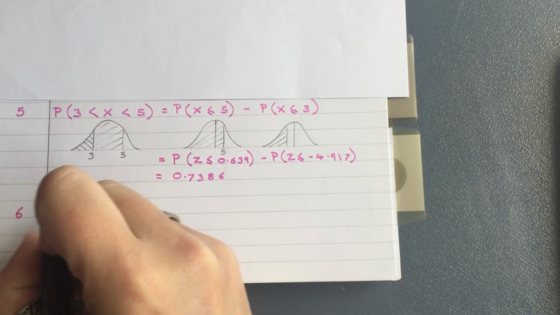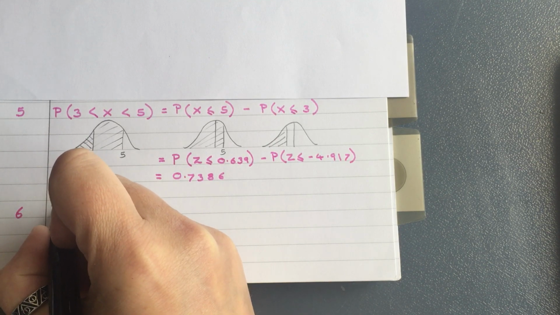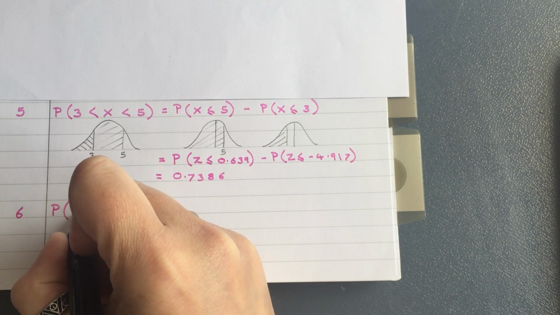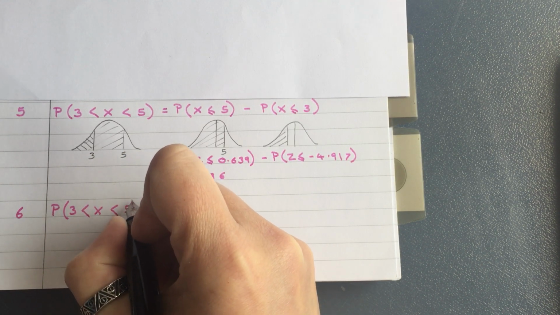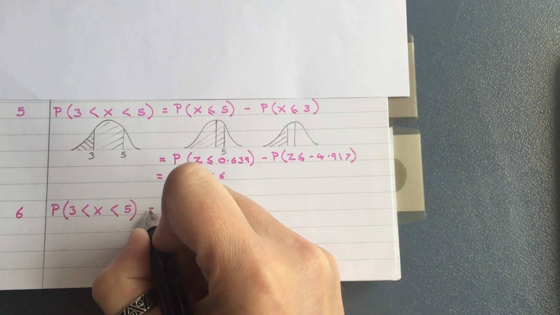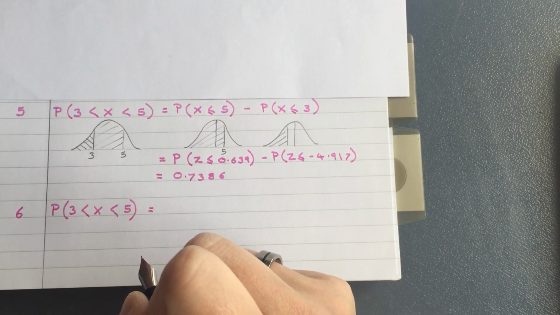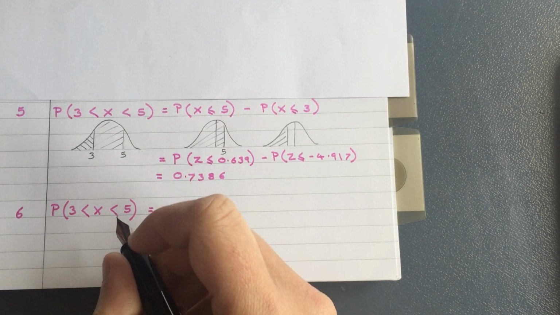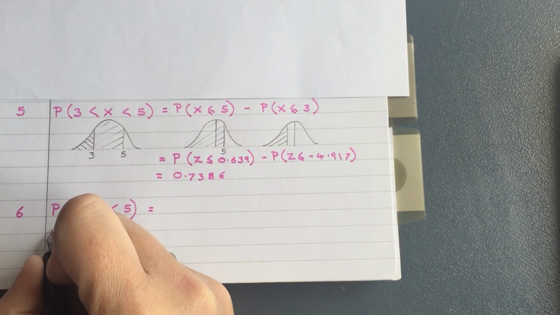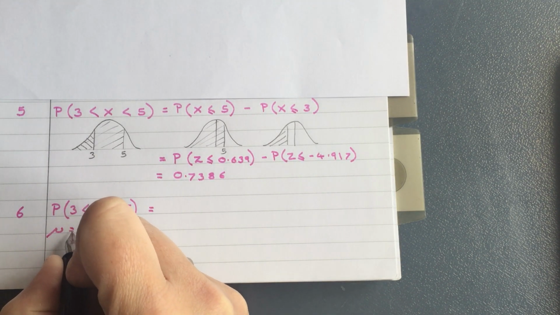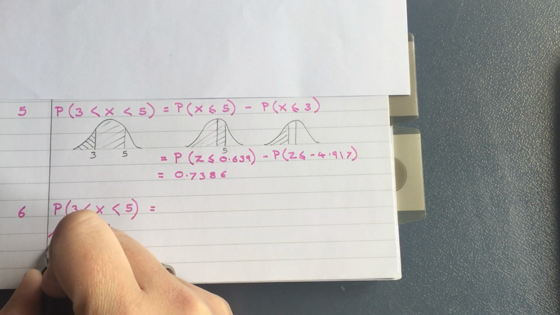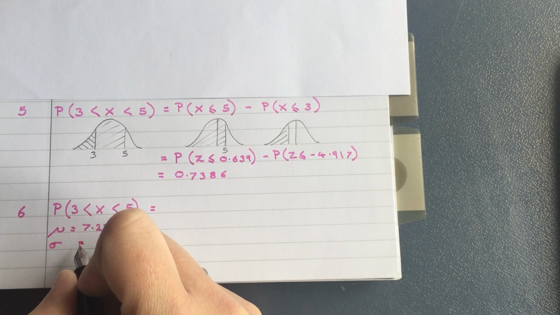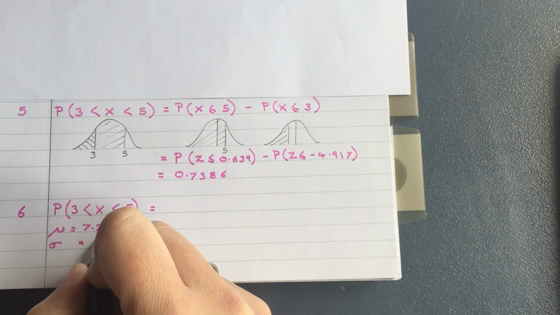So for part 6, we're still looking at a cat between 3 and 5. However, this time we've got a mean of 7.27 and a standard deviation of 1.